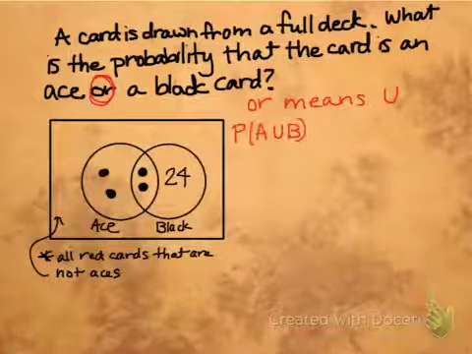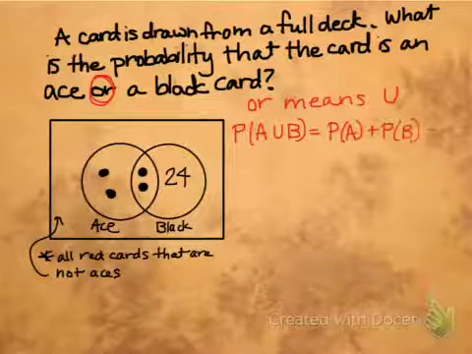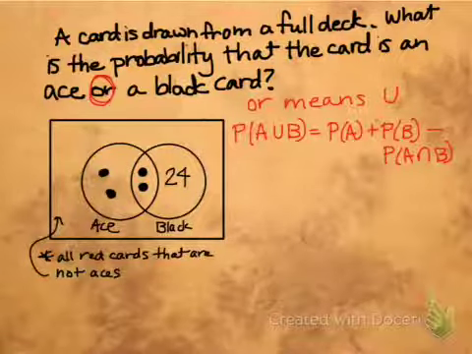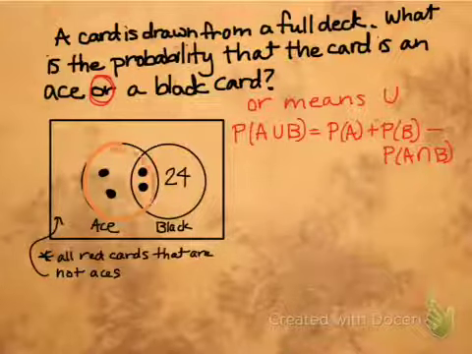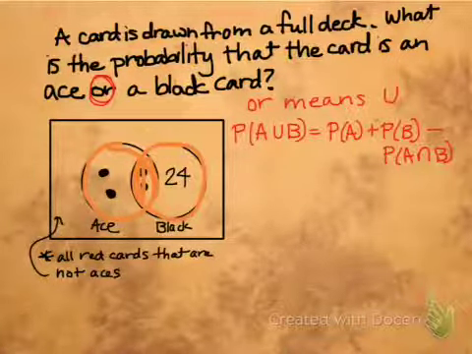So we want the probability of A union B. That means we would do the probability of A plus the probability of B minus the intersection. So in other words, we're going to take all the aces, we're going to take all of the black cards, and then we have to take out this middle part because we've counted it twice.